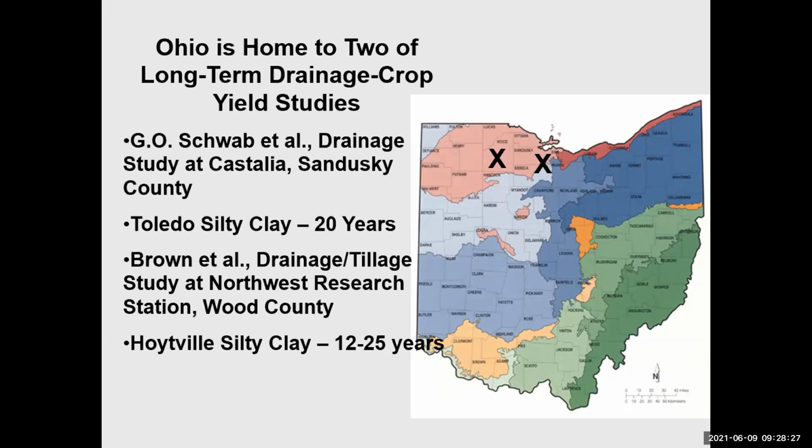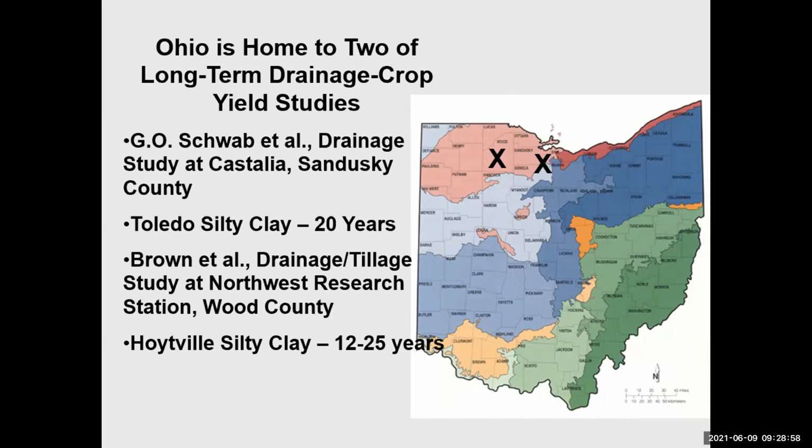Ohio is home to two long-term studies. One was initiated by Dr. Glenn Schwab back in the 50s, and that was done in Sandusky County. Over 20 years of results came out of that study, and that was on the Toledo silty clay. Then another study got started by former agronomist Don Eckert, and that was in Wood County.